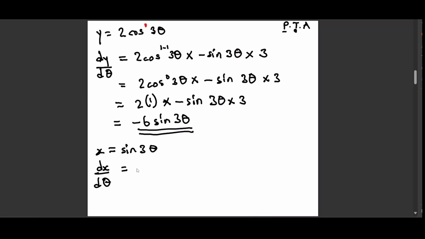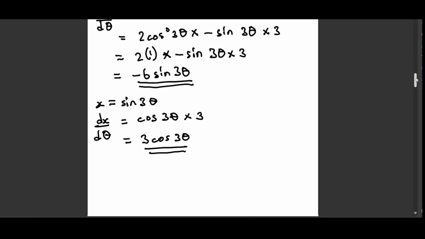So the derivative of sine 3 theta will be cos 3 theta, multiplying, with respect to the algebraic expression, since it's just 3 theta, the derivative is 3. So our derivative of x will be equal to 3 cos 3 theta.